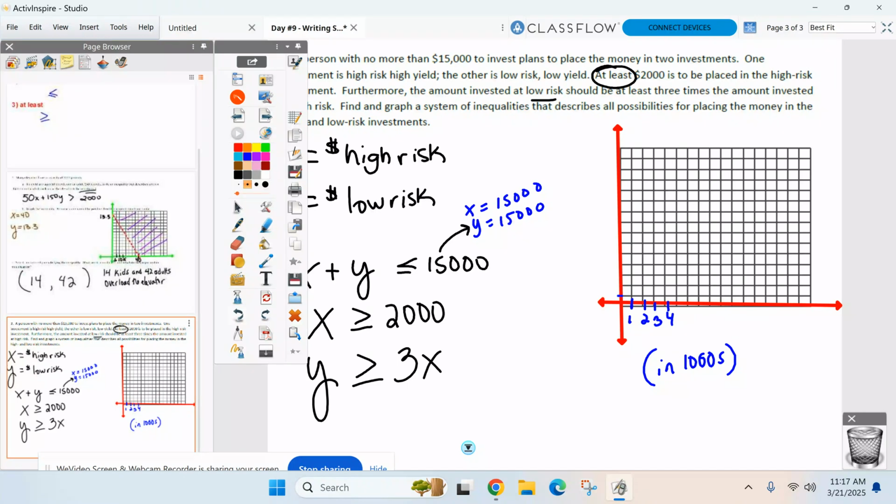And the same for the y-axis. Ooh, 15 right at the top.